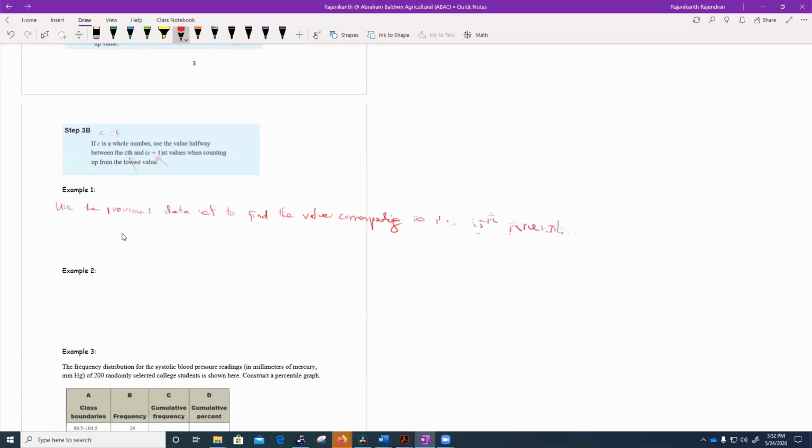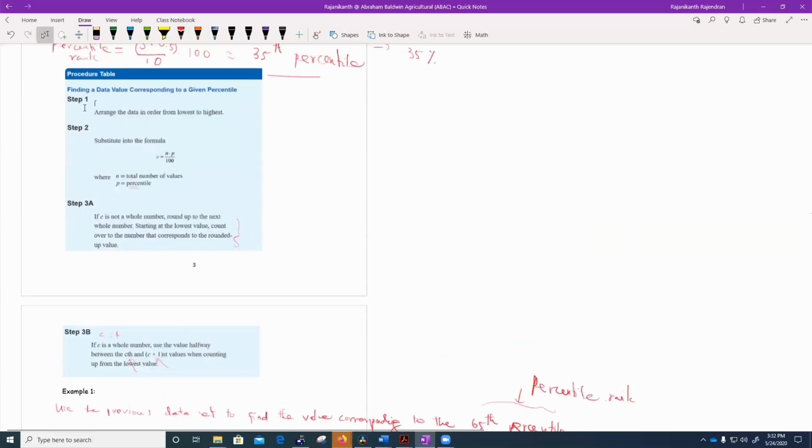So you are given the percentile rank, but remember, we don't know the data value, only the percentile rank. So look at this percentile rank and identify which actual data value corresponds to the 65th percentile. Let's look at the steps we have here.